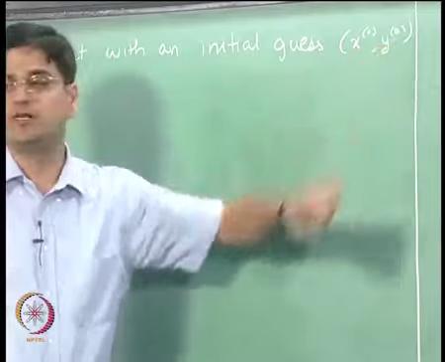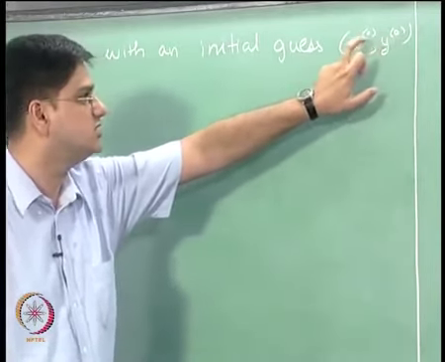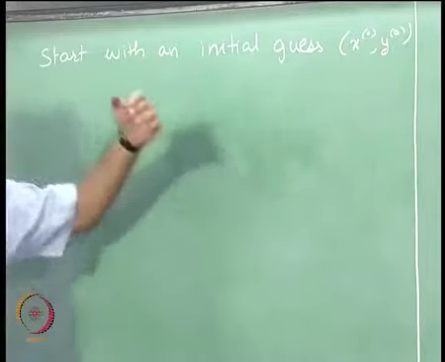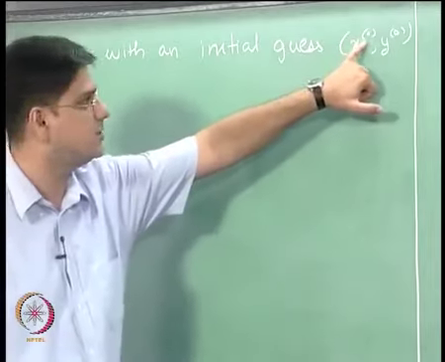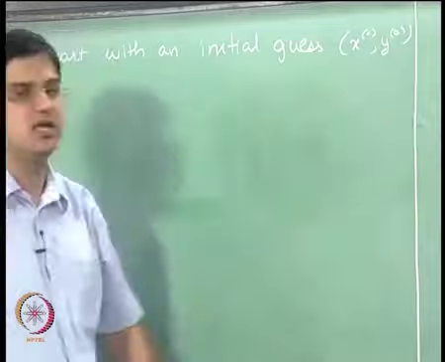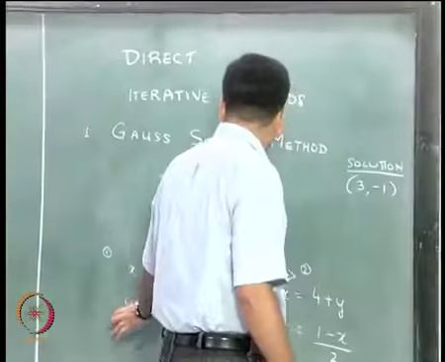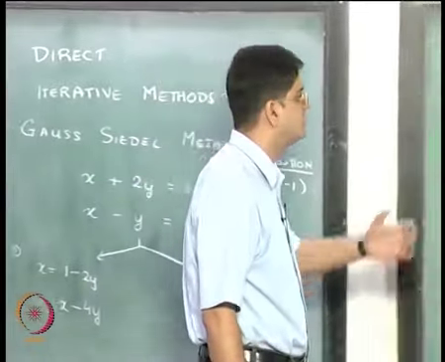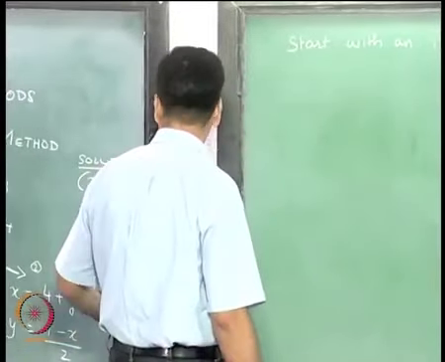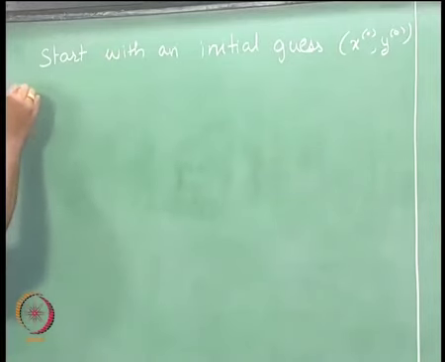I represent the superscript in brackets to say this is the initial value, the 0 represents the initial value, and as we iterate multiple number of times, this will become x1 y1, x2 y2, x3 y3 and so on and so forth. So we use these rearranged equations as update equations in order to improve the value of x and y. Let us look at using the first equation.